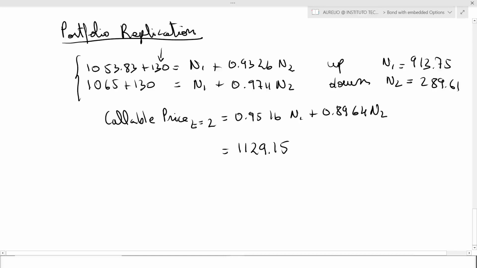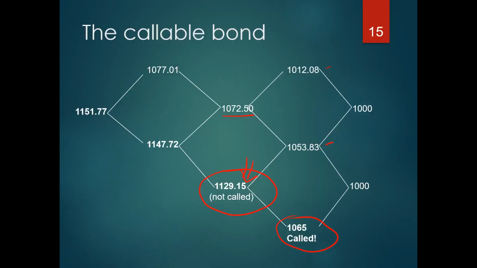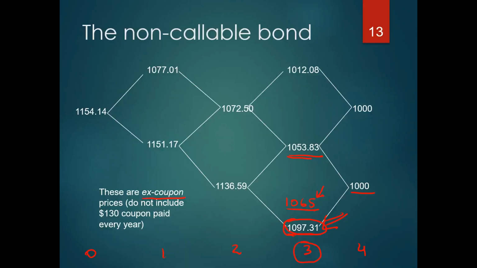Then the call price is going to be equal to your discount factor times N1 plus 0.8964 times N2. And we get that the callable price is 1129.15. So this bond is now 1129.15. If you look at the bond price before, for the non-callable price, it was 1136.59.